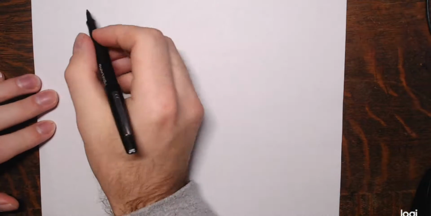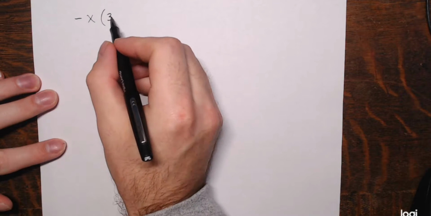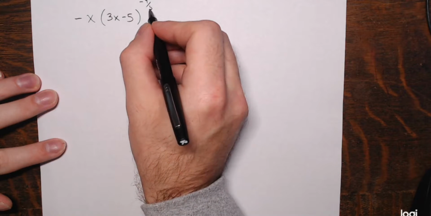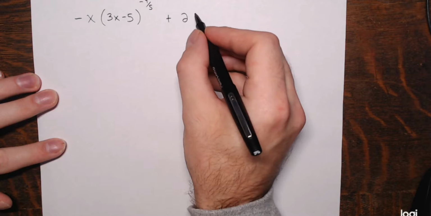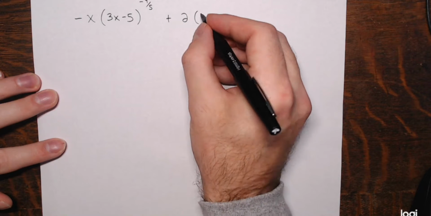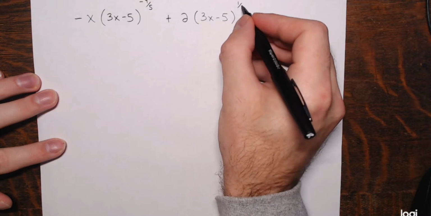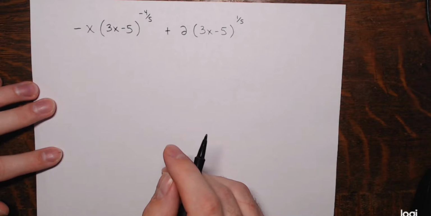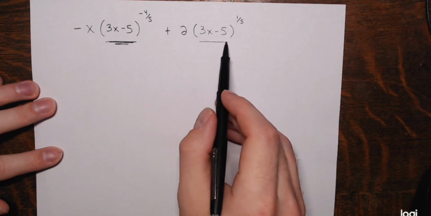The expression we're given here is negative x times the quantity 3x minus 5 to the negative 4/5 power, plus 2 times the quantity 3x minus 5 to the 1/5 power. Now both of these have 3x minus 5 to some power in common.